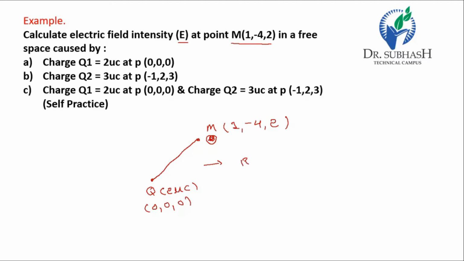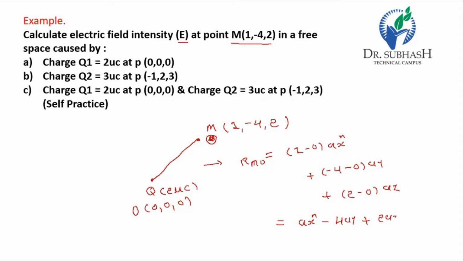Suppose charge Q is located at point O, then we can say that the distance RMO is 1 minus 0 in ax direction plus minus 4 minus 0 in ay direction plus 2 minus 0 in az direction. So it will be ax minus 4 ay plus 2 az.